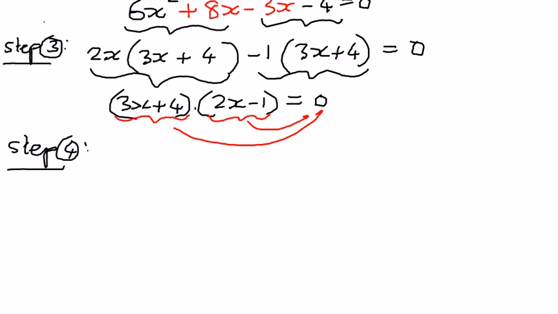And how do we write that? Here we're going to say either 3x plus 4 equals 0 or 2x minus 1 equals 0. And then from here we should be able to find the value of x.